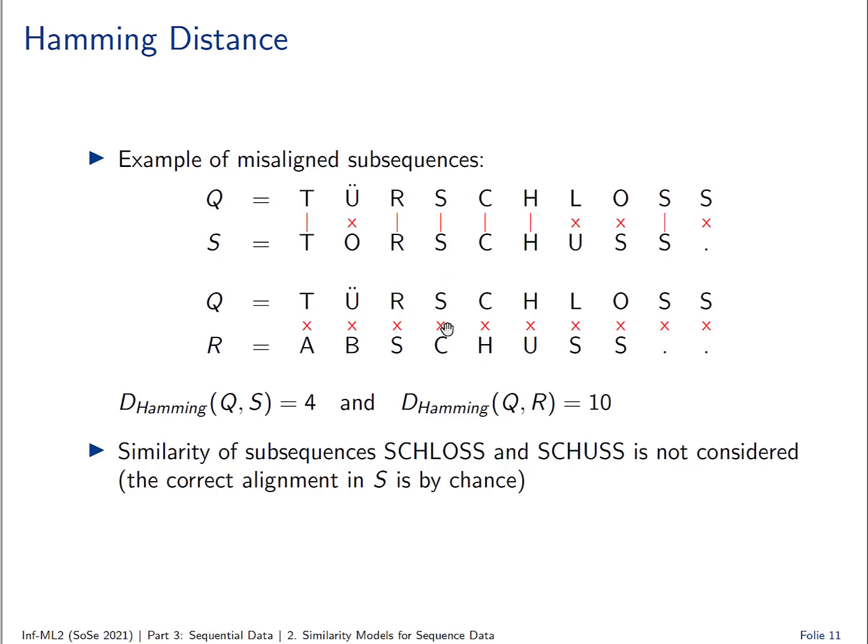If we could do the proper alignment, the Hamming distance of course would be much smaller, but since we cannot do that, we have a very high Hamming distance. So the similarity of the subsequences Schloss and Schuss is not considered by the alignment which is done by the Hamming distance.